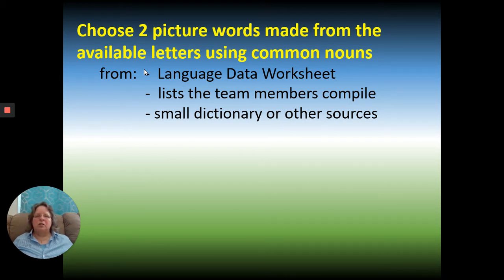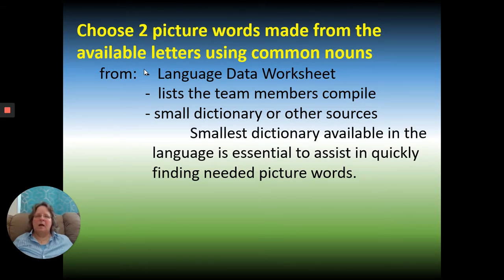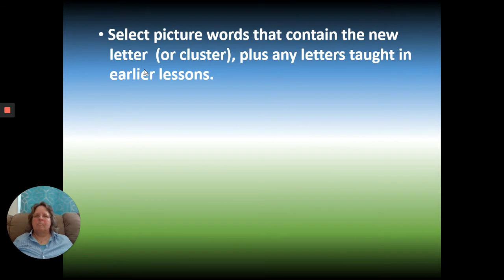They can use a small dictionary or other sources, maybe an old set of primers that have picture words or other simple words that might be handy. Yeah, and the smaller dictionaries are handier because they do not have so much data in them. They're the more basic words, which is what we want to use in our primers.